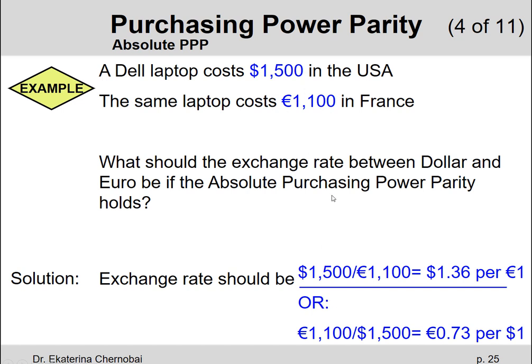So 1,100 divided by 1,500 gives 0.73 of a euro per $1. So the exchange rate that implies that the absolute purchasing power parity holds, or no arbitrage opportunity in other words, is $1.36 per euro, or 0.73 of a euro per 1 US dollar.